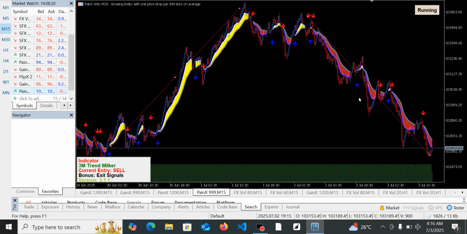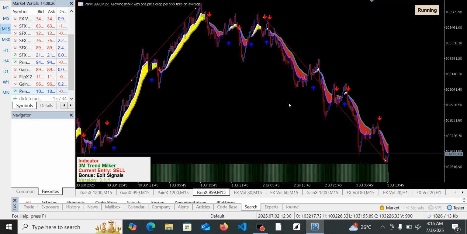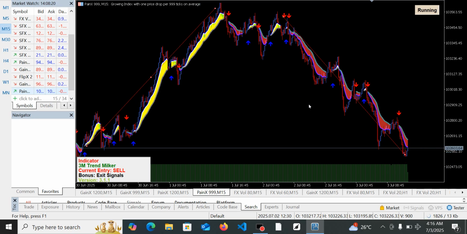Okay, so I believe we all understand the trend trading strategy. The trend trading strategy simply means when it is on uptrend, we should trade the trend. That is, we should only buy alone. And when it is on downtrend, we should trade the trend, which means we should only sell alone at that particular point. Okay.